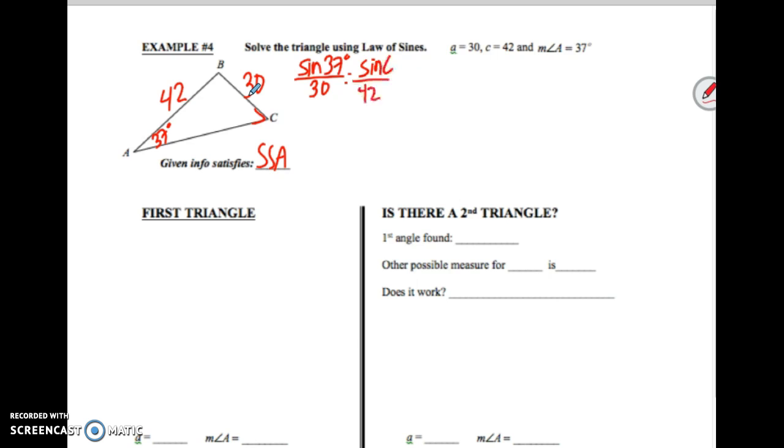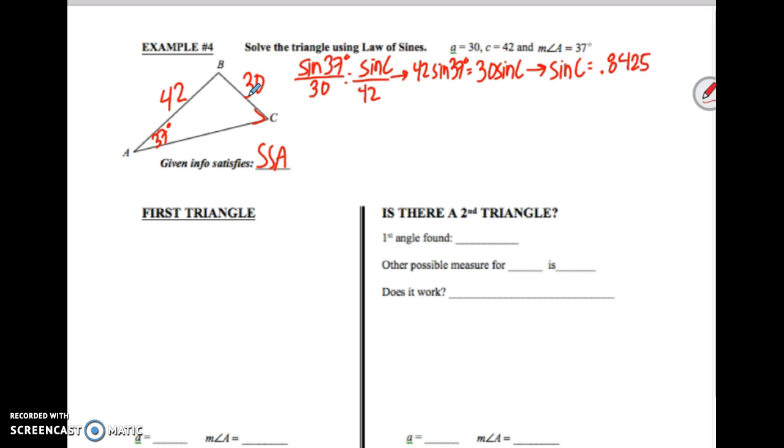To solve for sine of C, we need to multiply by our denominators. This becomes 42 sine of 37 equals 30 sine of C. So dividing by 30 on both sides, we are left with sine of C equals 0.8425.